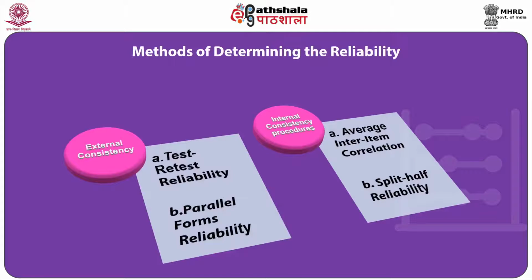There are two most commonly used procedures under external consistency, which are based on comparing findings from two independent processes of data collection with each other as a means of verifying the reliability of the measure. The first is test-retest reliability, and the second one is parallel forms reliability.